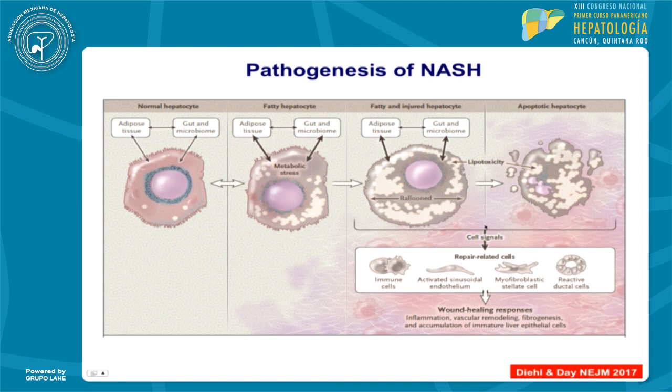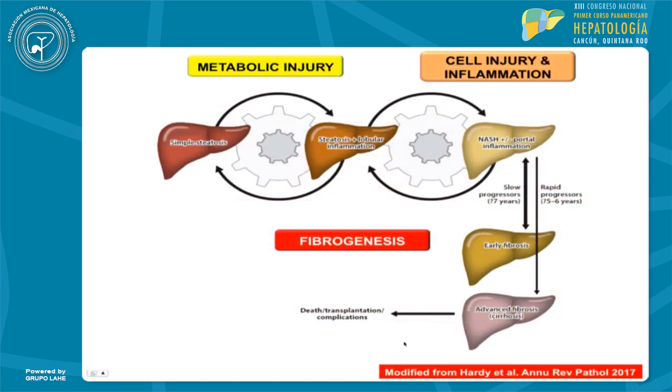And these are signals that eventually generate activation of cells which are involved in the tissue repair, including the myofibroblastic stellate cells, duct epithelial cells, sinusoidal endothelial cells, and immune cells.